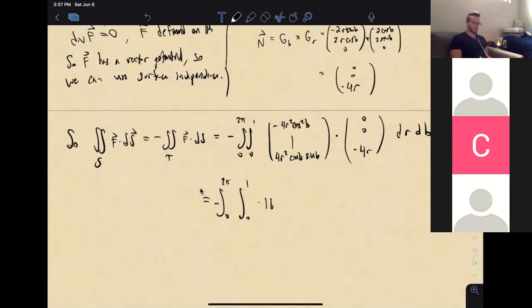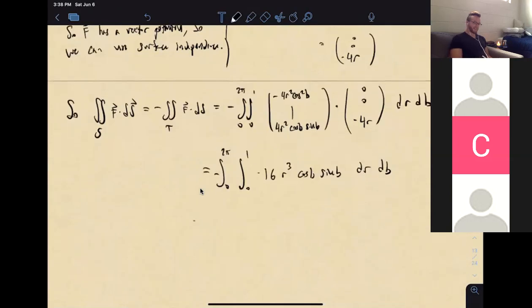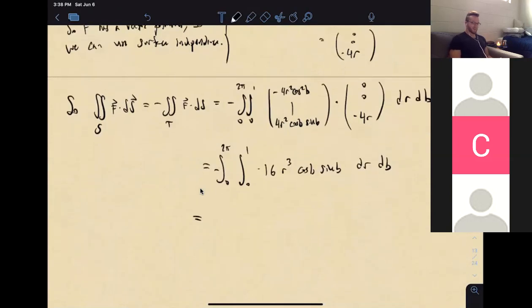4 squared is 16, right? Yeah. R cubed. My 16 kind of looks like a b, which is very unfortunate in this problem. Cosine of b sine of b. Negative signs cancel out. We'll get r to the 4th over 4, so a factor of 1/4. And when I integrate the b stuff, I should get sine squared over 2.